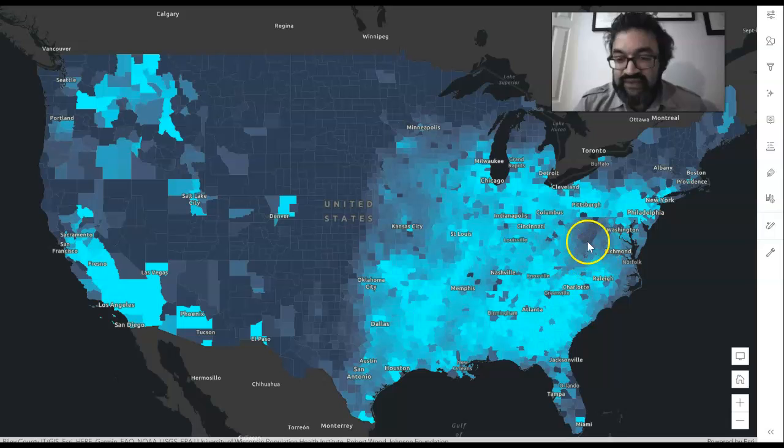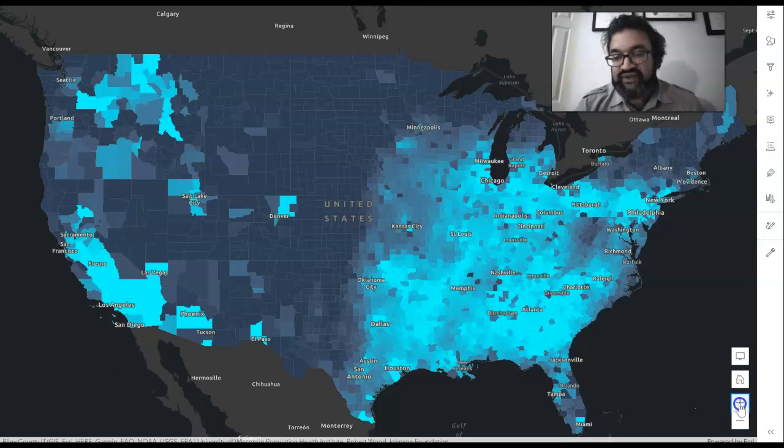Appalachia, and some of the mountainous regions are not as polluted, but then Pennsylvania, all of Pennsylvania, everywhere that is populated, it is all polluted with fine particulate matter.